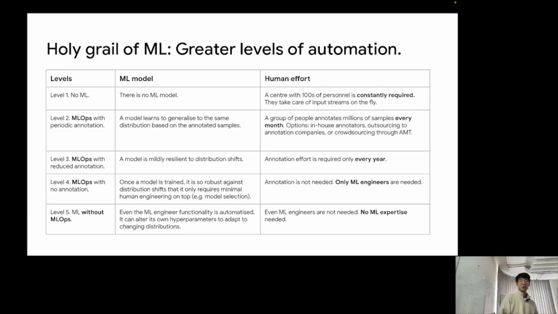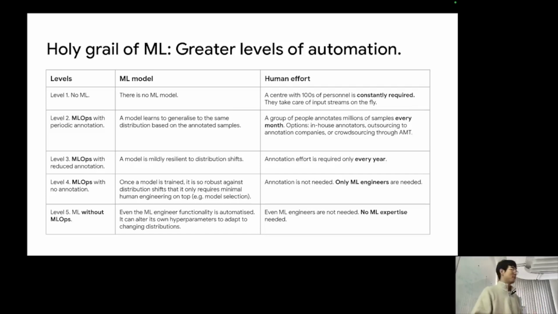So maybe here some minimal number of ML engineers are needed. And finally, in level 4, there's no ML ops at all. So there's no ML expertise needed at all. You're just a plain business owner and you know what to do with this machine learning system.